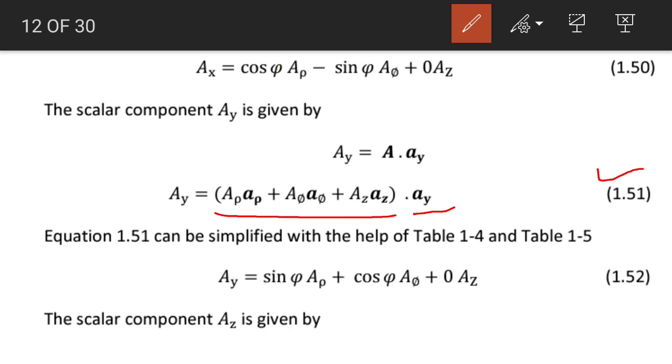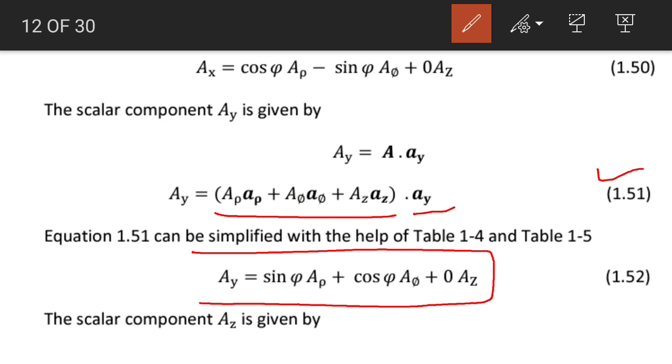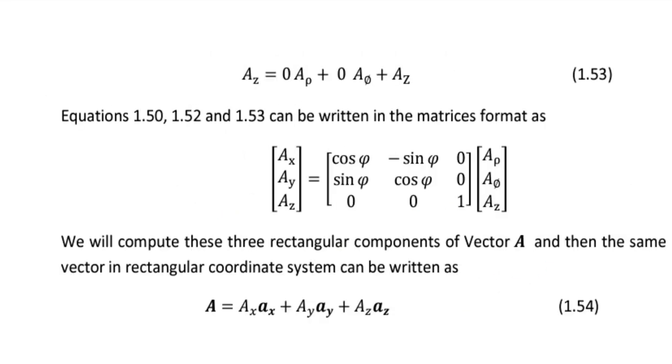We know that a_rho dot a_y results in sin phi, a_phi dot a_y results in cos phi, and a_z dot a_y results in 0. So we simplify equation number 51 with the help of table number 1.4 and 1.5. So we get the y component of this vector. The y component of this vector will be equal to sin phi A_rho plus cos phi A_phi plus 0 A_z. And we know that the z component of this vector will be equal to the z component.